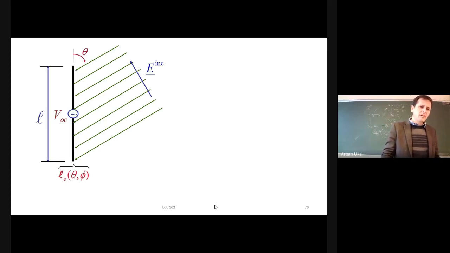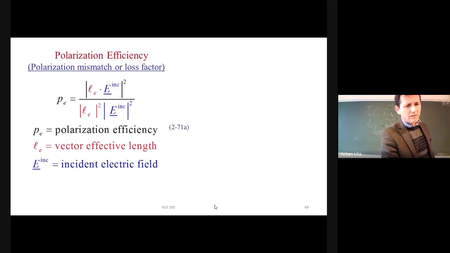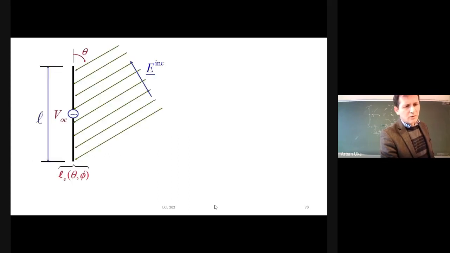The incoming propagation vector, which is shown in green, has an associated incident electric field vector, which is perpendicular to this direction, and it is falling onto this antenna, which has a length scale L. But L is the antenna itself. We care about LE, which is the vector effective length, and the size of the antenna is not always equal to the effective length scale.